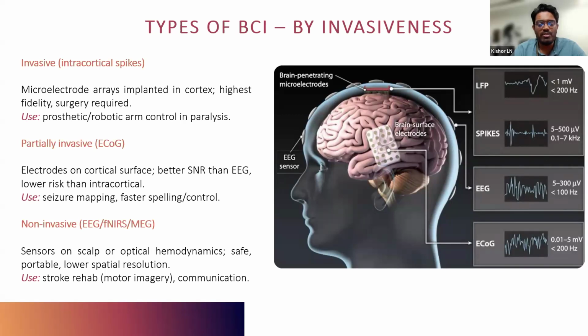So of course, there's going to be a loss of signal, and this also suffers from poor spatial resolution, meaning you get these signals, but it's hard to pinpoint which part of the brain is actually producing those signals. You have to get creative with a little bit of mathematics and do some sort of source localization to do that. But even then, it's not going to be as accurate as having a microelectrode inserted into the cortex.